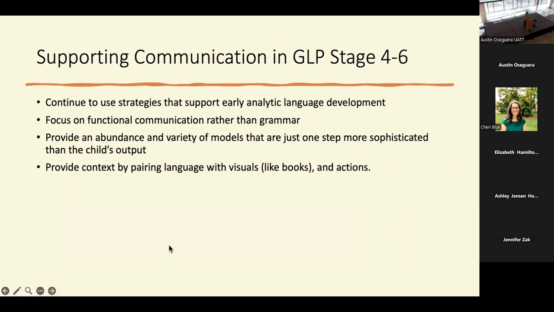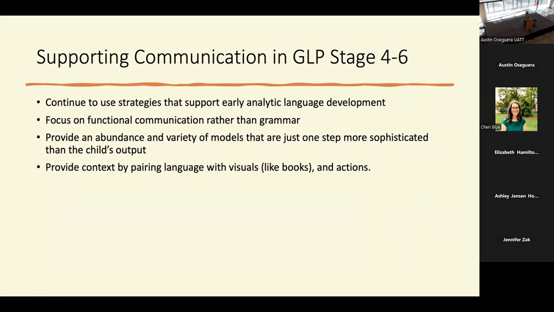So what do we do to support processors in this stage? Well, we continue to use strategies that support early analytic language development. We're focusing on functional communication rather than grammar. We're not looking for perfect speech. We're looking for functional speech and communication.